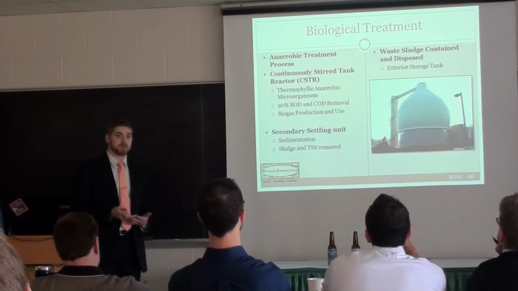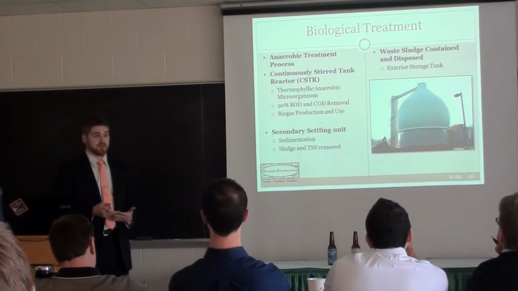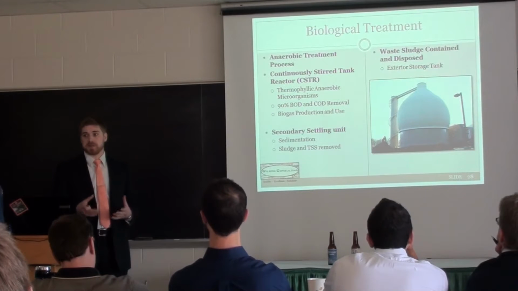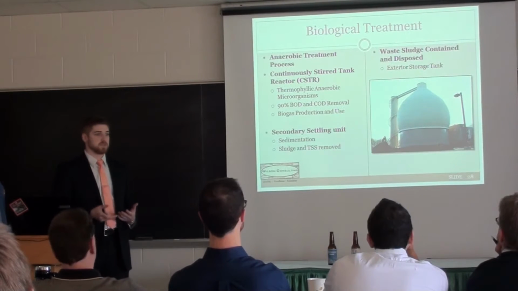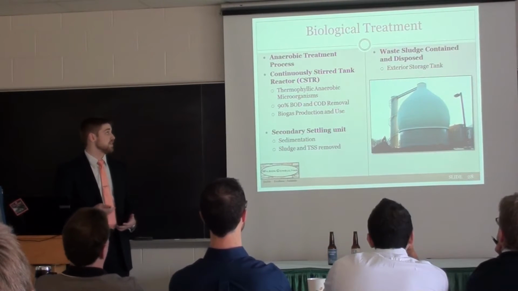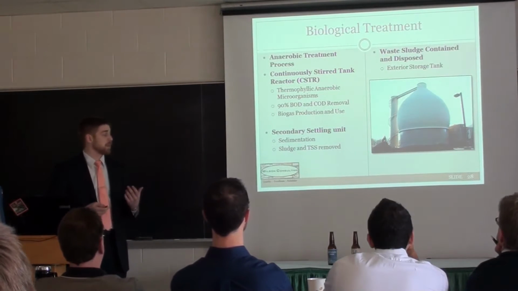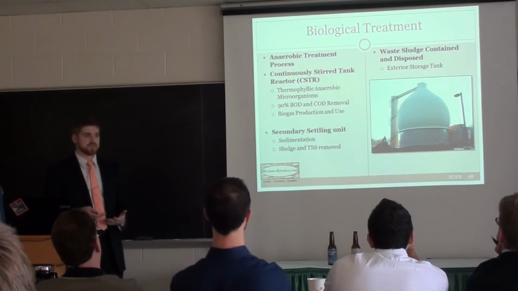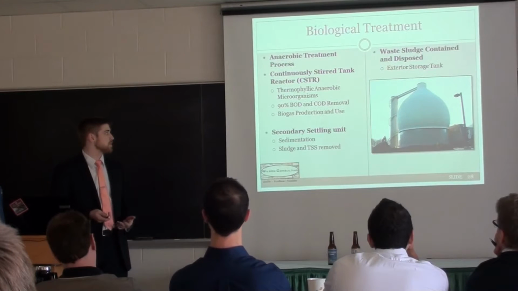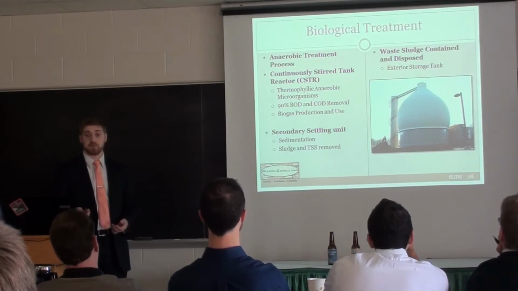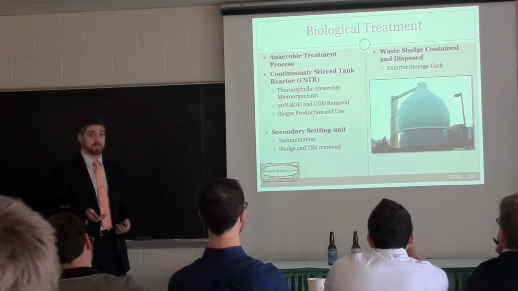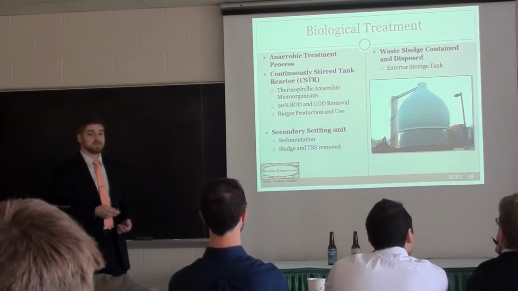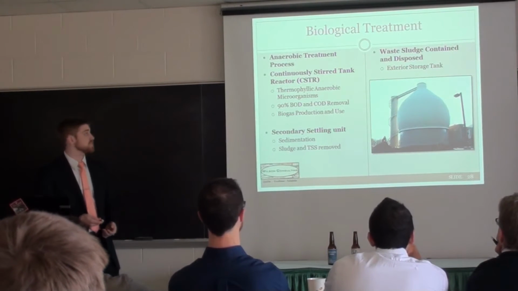We decided to go with the anaerobic process because it's going to be more cost effective when you implement it on a smaller scale. It tends to be a much quicker process. And also it produces biogas, which is roughly 75% methane, 25% carbon dioxide. And we plan on using this biogas and methane to power the anaerobic digester's operations.